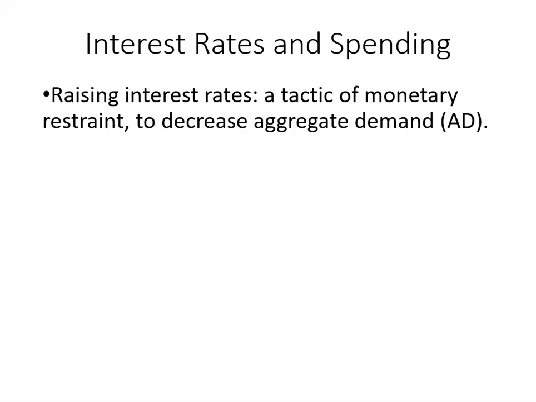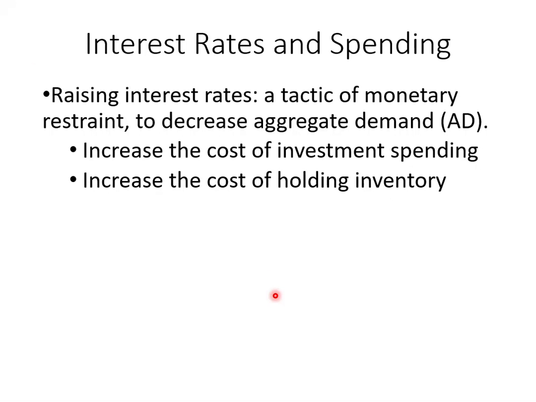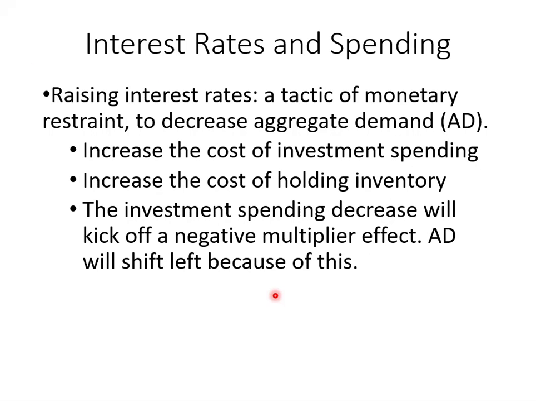Increasing interest rates makes borrowing more expensive. In other words, it increases the cost of investment spending and the cost of holding inventory. So the decrease in investment spending will kick off a negative multiplier effect, and the aggregate demand curve will shift left because of this.